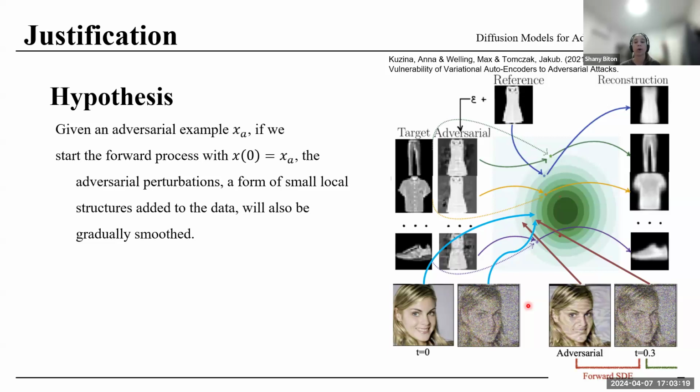But then if we forward it through the forward process, it will progressively inject Gaussian noise into the data, where the perturbed data, the adversarial data, will be diffused toward the noise distribution. So now the adversarial perturbations are submerged with Gaussian noise at timestamp 0.3, or some given timestamp.